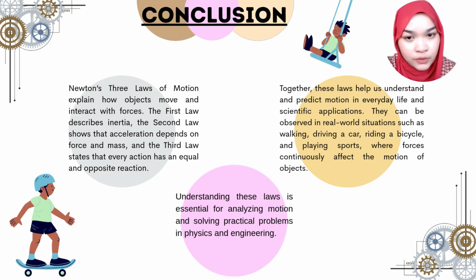Together, these laws help us understand and predict motion in everyday life and scientific applications. They can be observed in real-world situations such as walking, driving a car, riding a bicycle, and playing sports, where force continuously affects the motion of objects. Understanding these laws is essential for analyzing motion and solving practical problems in physics and engineering.